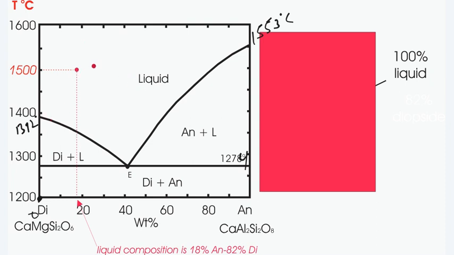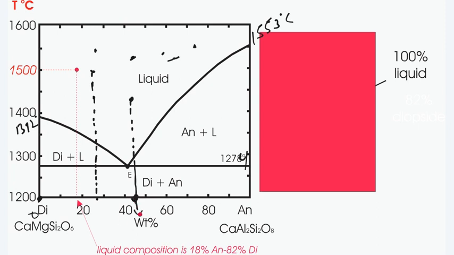So we can take any point in the liquid field. By applying the lever rule, we can know the composition of that point. Just draw a perpendicular to the abscissa. It will touch this line here.